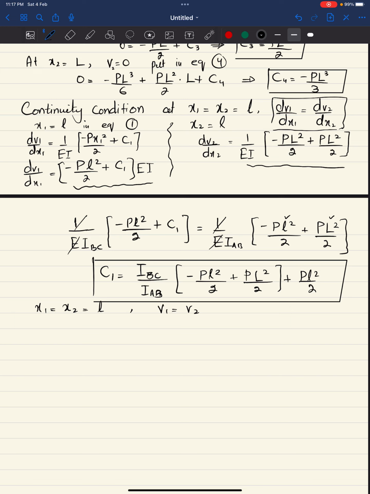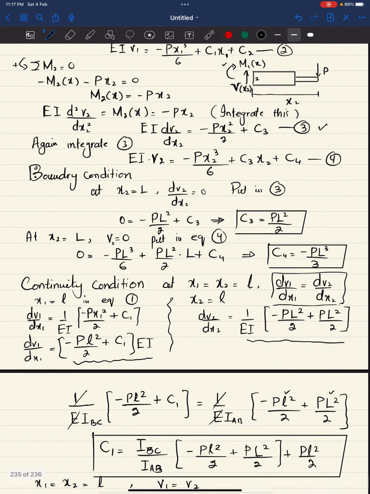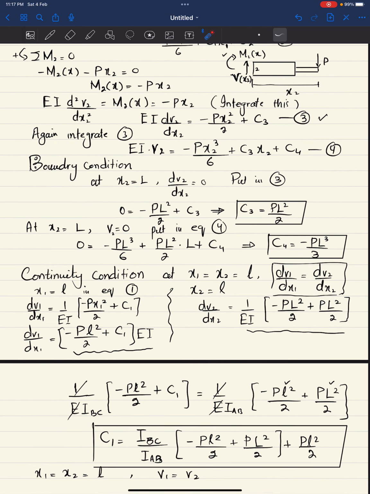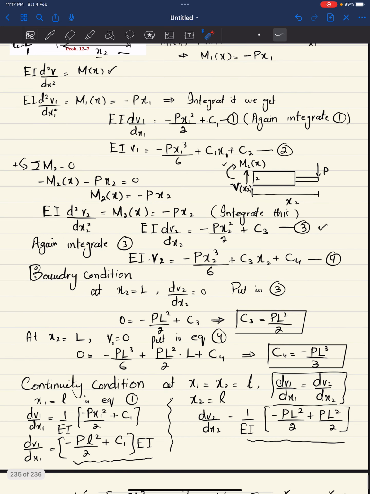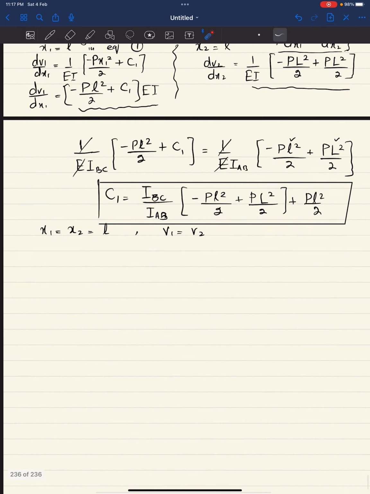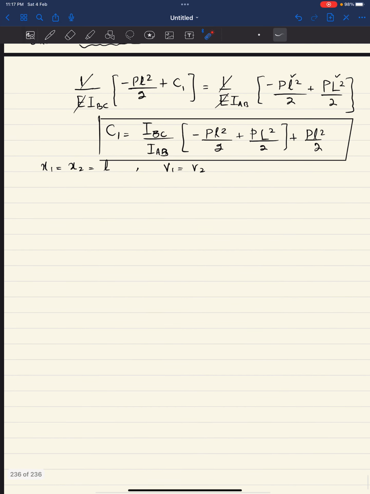Again you have to do the same thing: find v1 from this equation and v2 from this equation, and then put x is equal to small l, which is x1 is equal to x2. This is very easy. I will just straightforwardly put the value in equation 2.